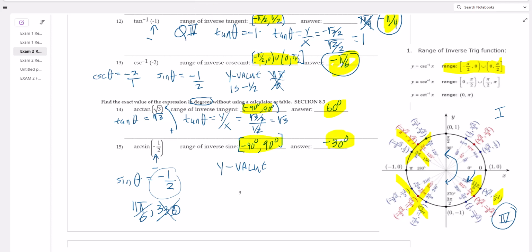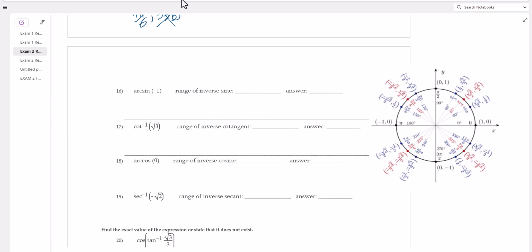Continuing on to the next page. Again, the range of the inverse sine in degrees is negative 90 degrees to 90 degrees. That means we're either in quadrant 1 or quadrant 4. This is a negative number, which forces us to be in quadrant 4.